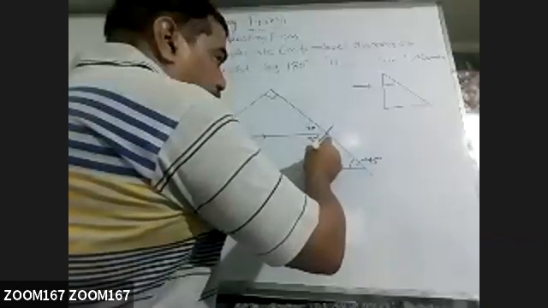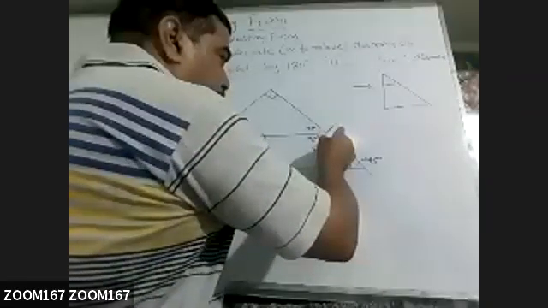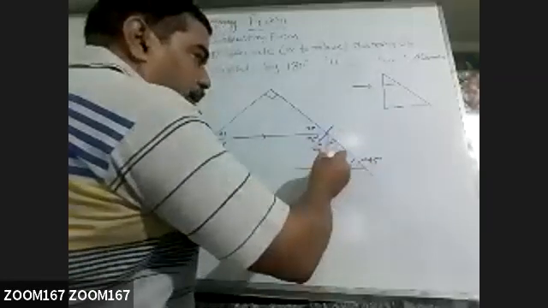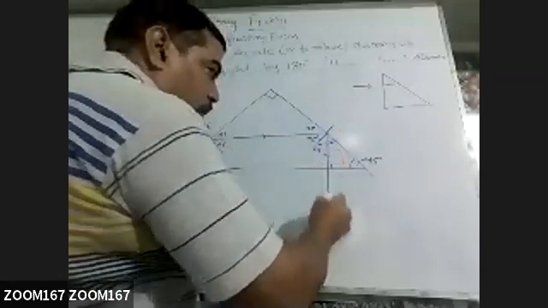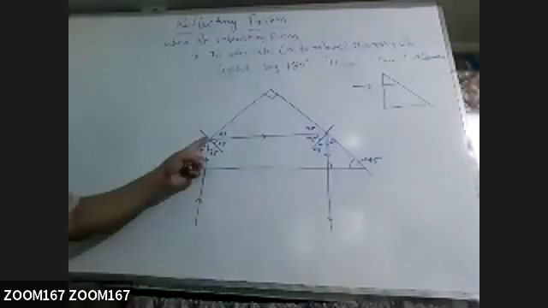This is 45 degree, this is 45, this is 45. So naturally this will be 90 degree. So the incident ray is this way, but it is reflected this way.